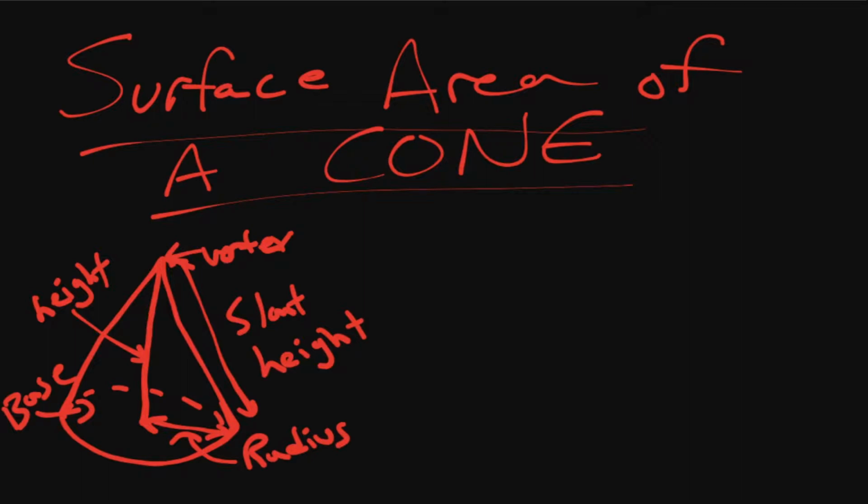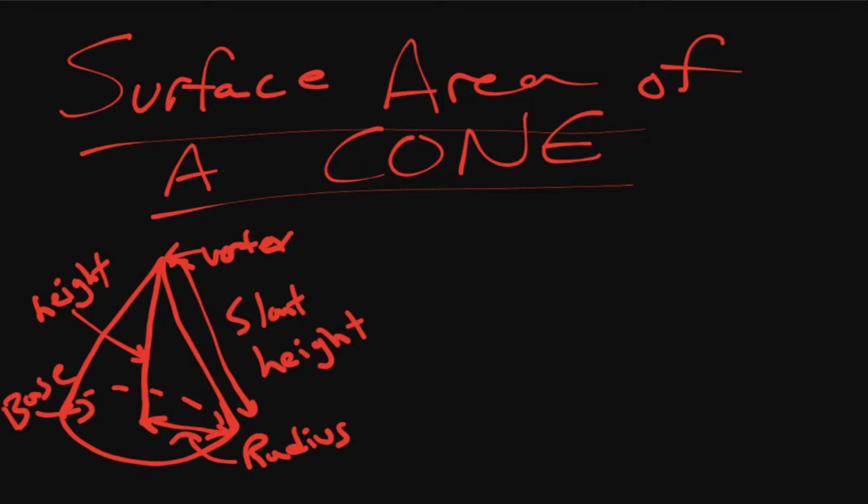So let's look at how we're going to find the surface area of a cone, like we've done other objects and shapes in the previous videos, but this one's a little tricky, or just the understanding of it is a little tricky. You can always just memorize the formula for the surface area of a cone.